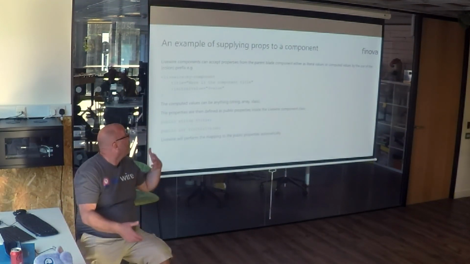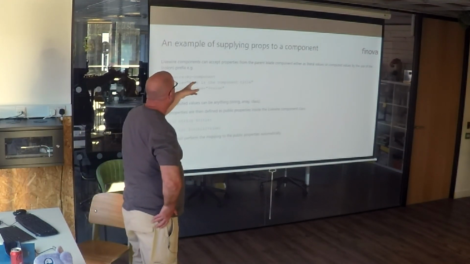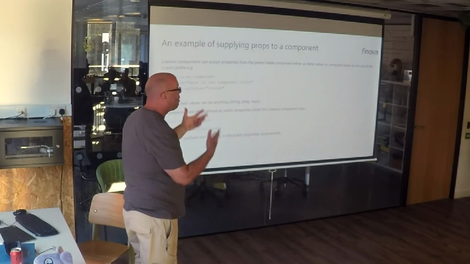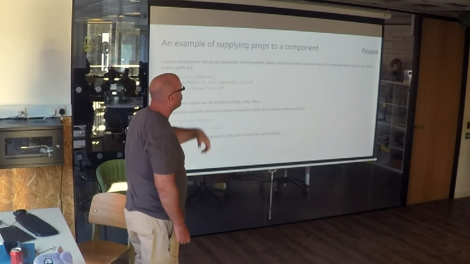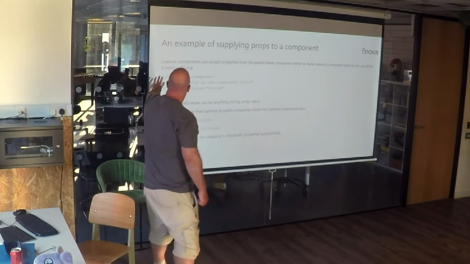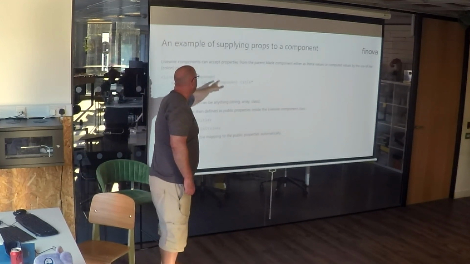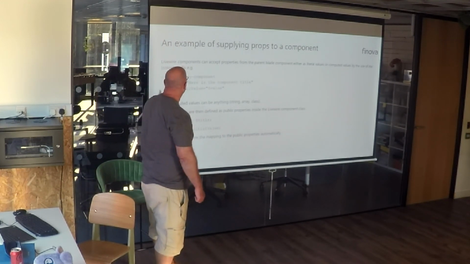Okay, so props. You can pass properties from the parent blade component or the parent page, either as literal values or computed values by the use of the colon. So we've got the little syntax here that says I want to output my component called my component, and I want to pass 2 properties into it.